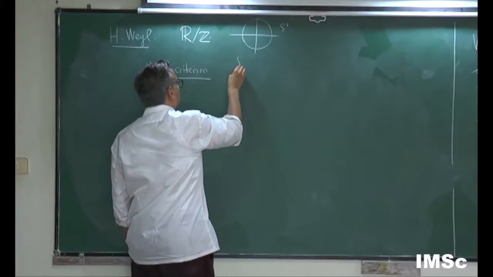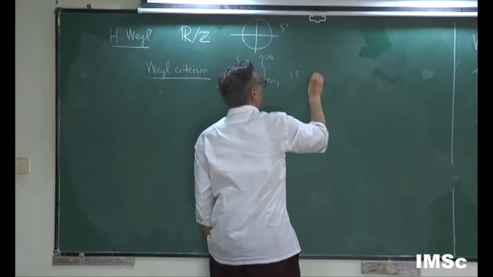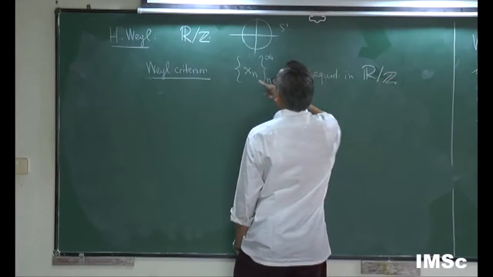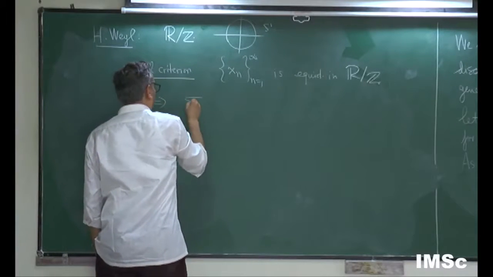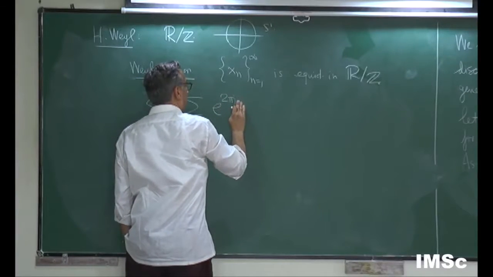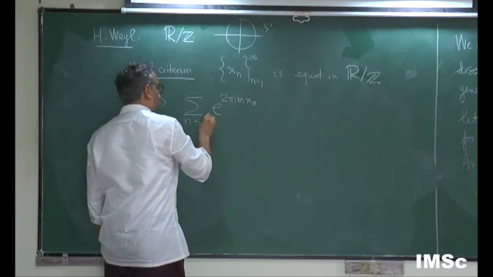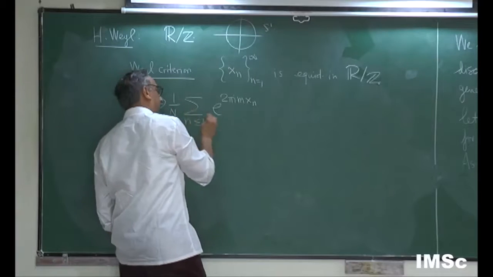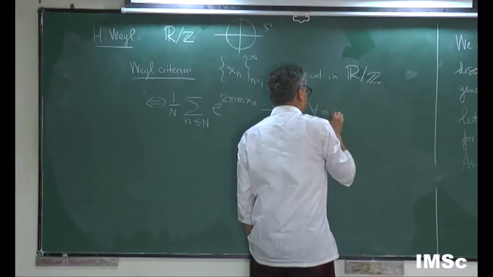A sequence of points x_n is equidistributed in R mod Z, so I have a bunch of points on this thing, if and only if the sum of e to the 2 pi i m x_n, n going up to capital N, divided by N, tends to 0 for all m which are integers.